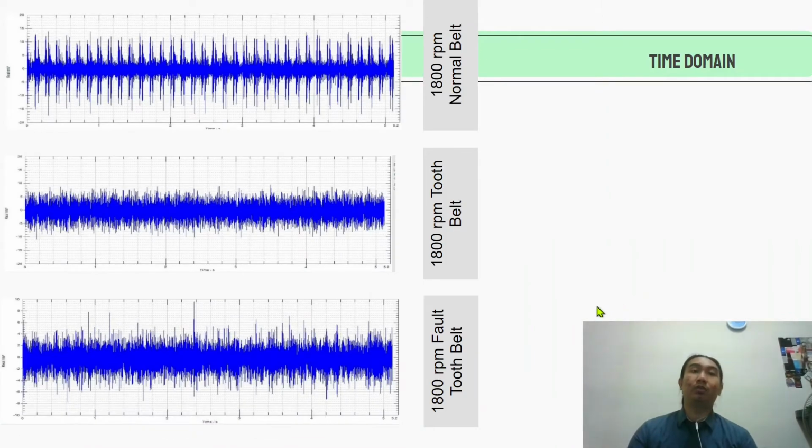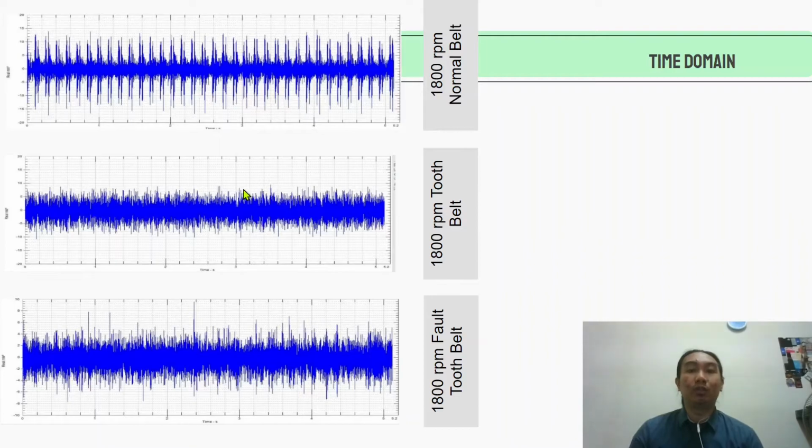Then we move on to a higher speed, the highest speed, which is 1800 RPM. As for the normal belt, there is a gap shown in the time because the speed is the highest, so the waveform has a gap, and it shows one cycle.